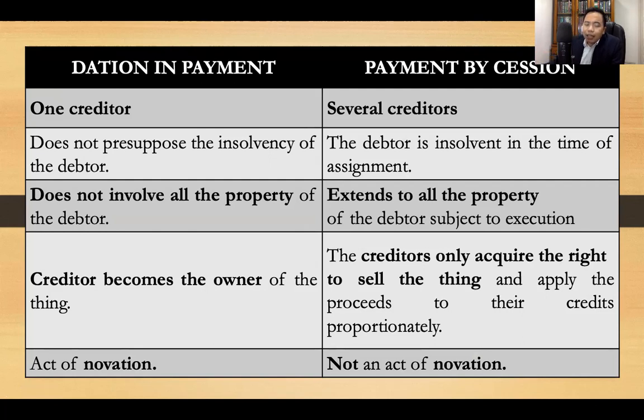On the other hand, in payment by cession, there are two or more creditors. Tandaan niyo, class, ha? If there is only one creditor, then there can be no payment by cession. Now, is there insolvency of the debtor in case of dacion en pago?